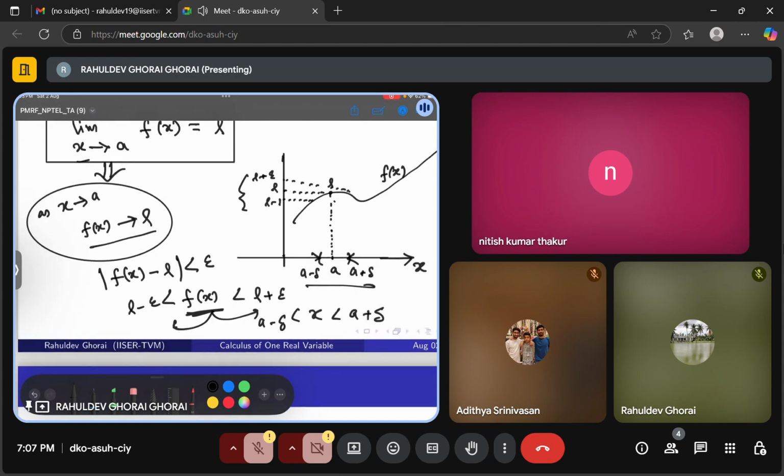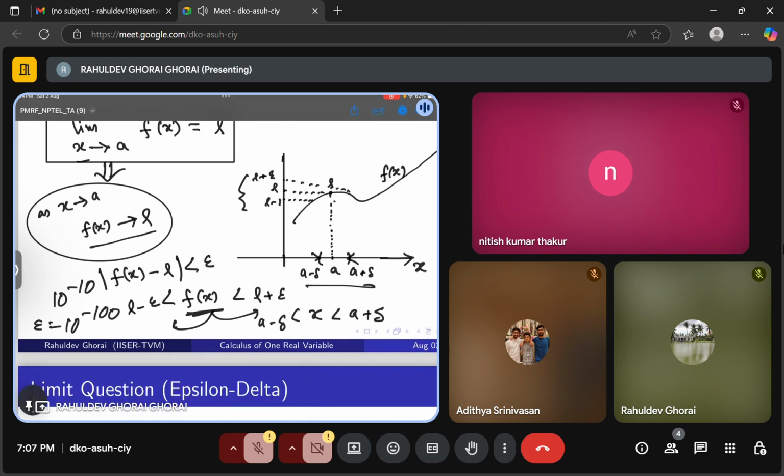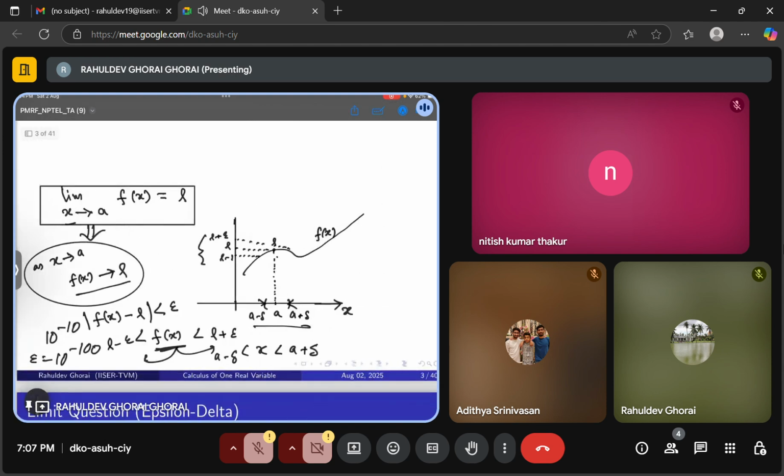Epsilon can be 10 to the power minus 10, 10 to the power minus 100, very small. It means the values of f(x) are closer and closer to L whenever x is in the neighborhood of A. That neighborhood of A is a fixed number. This is the limit idea mainly.